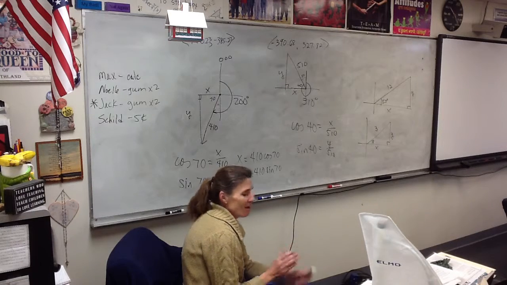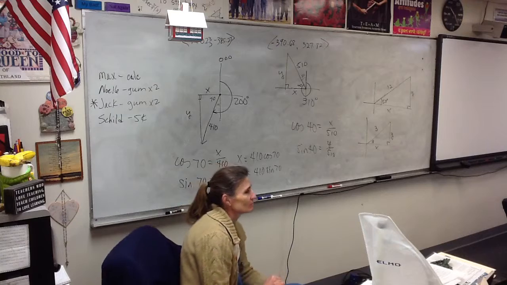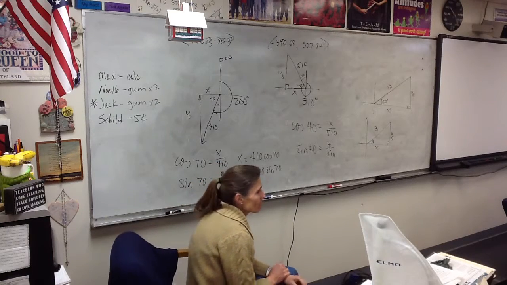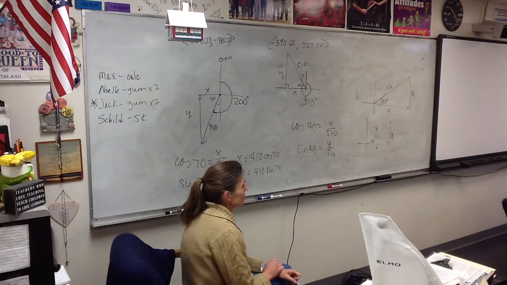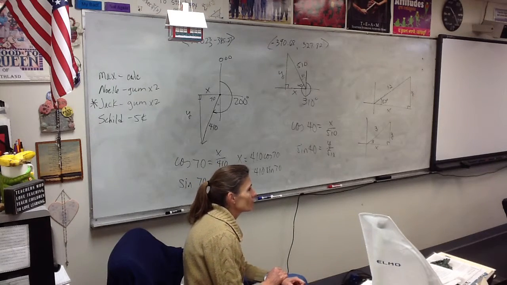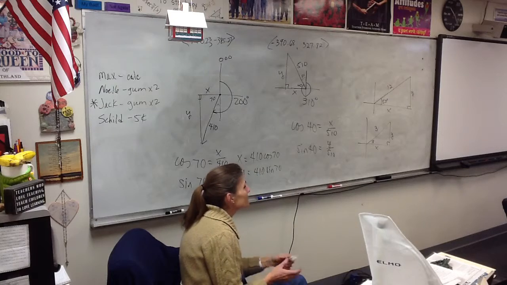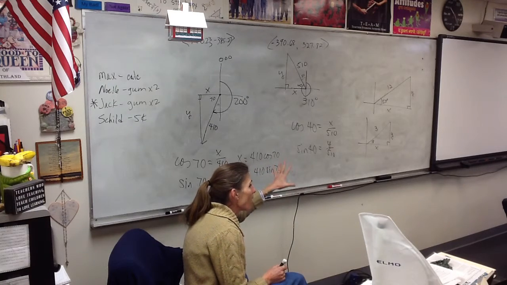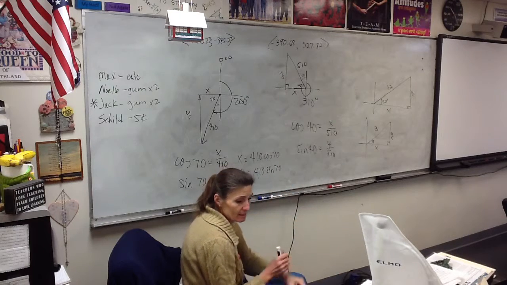All right, we should have gotten an answer. What was your x? Katie Bumgardner, what was your x? Katie, we have done problems exactly the same in this class. You need to be able to do this.